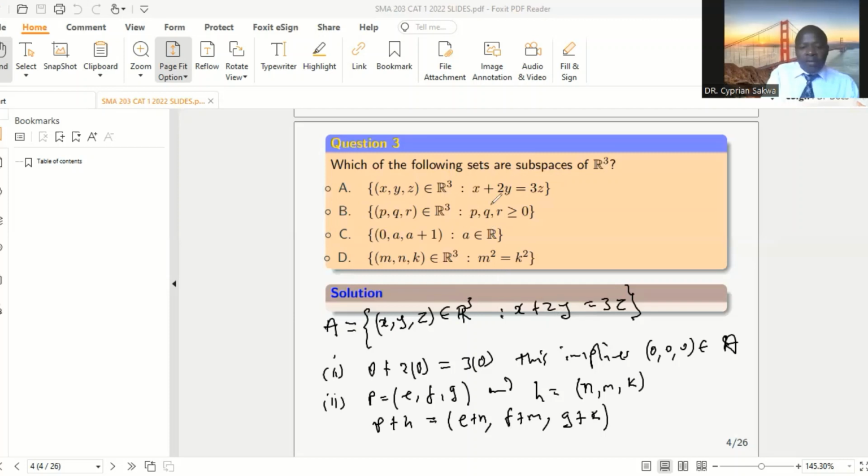Now, we have been given a formula here, that the first element plus 2 times the second should give you 3 times the third.